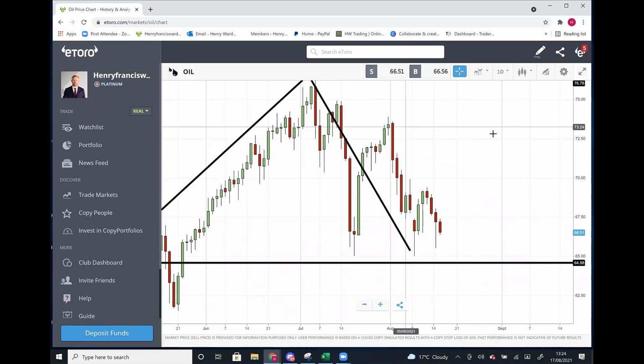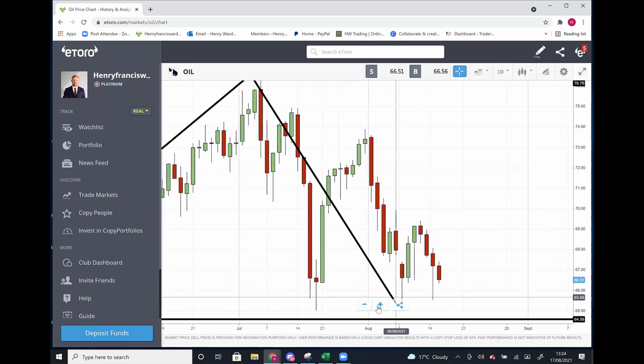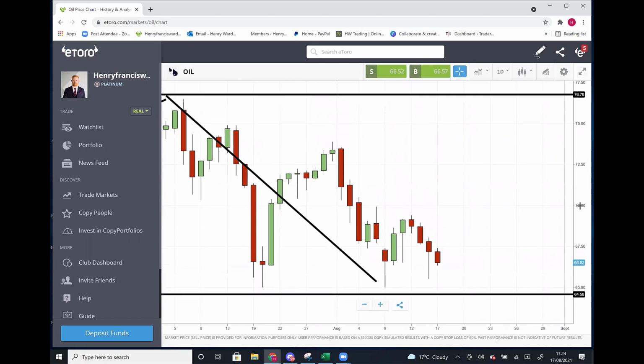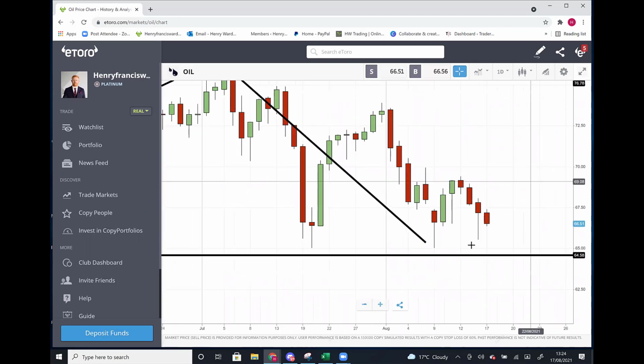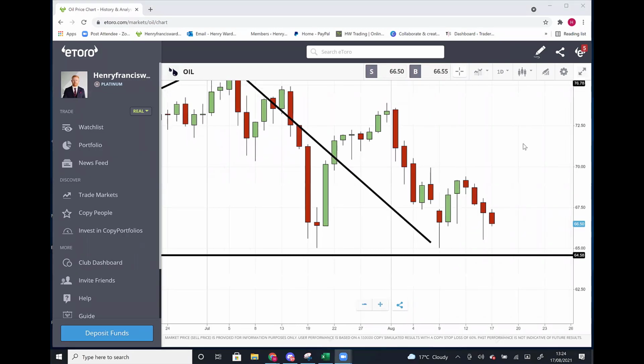Okay, so there was another suggestion that this bar here also was stop loss hunting. So this low here was suggested to be a classic stop loss hunt.